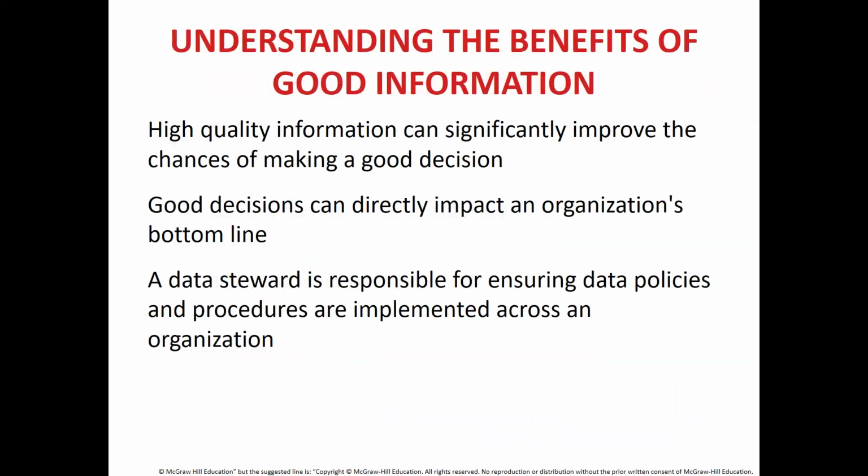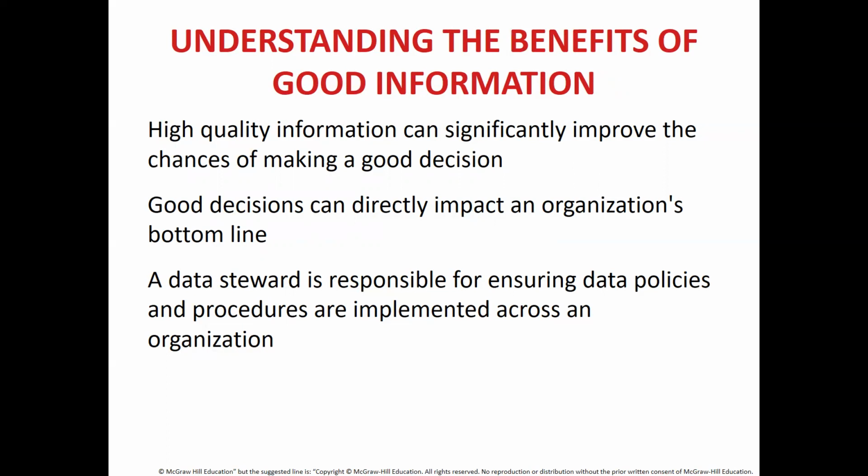Understanding the benefits of good information. Good information basically means high quality information. High quality information would mean good decisions. Good decisions will end up making effective business strategies. Effective business strategies allow organizations to make more revenue, hence more profit.